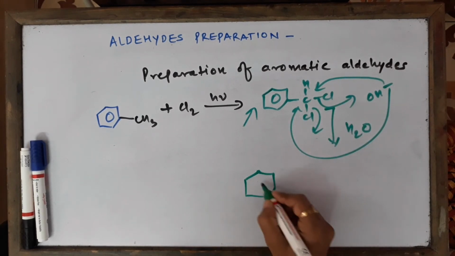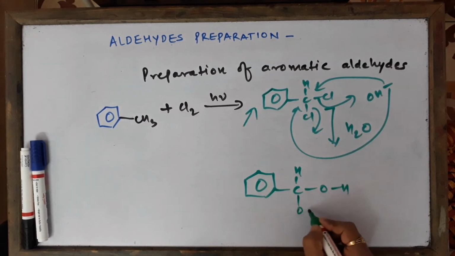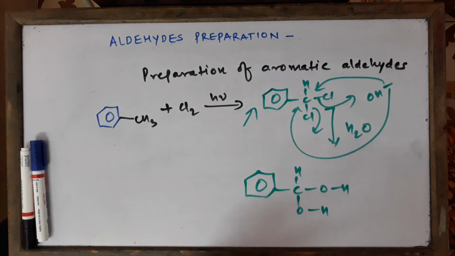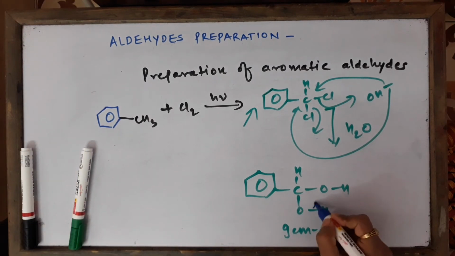How does it look like? It looks like this. We don't have to show this step in the exam. This is just for your understanding. So we get a gem diol. Gem means on the same carbon atom you have similar functional groups attached. Gem diols are very unstable compounds, so they will rapidly undergo dehydration on their own.